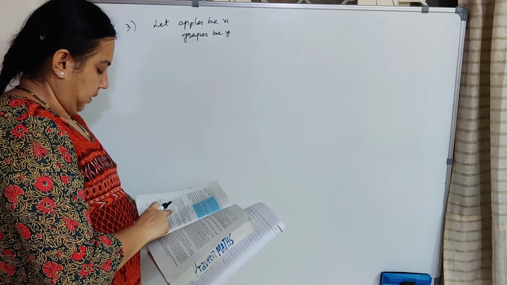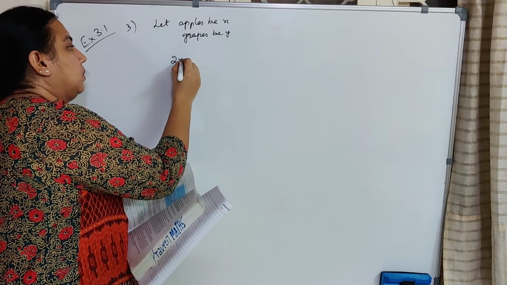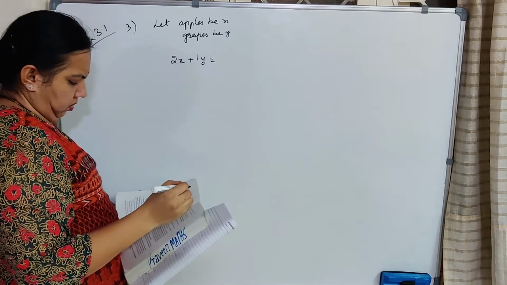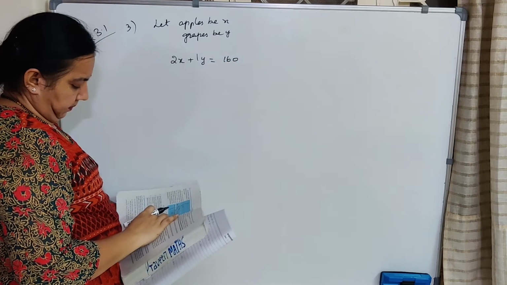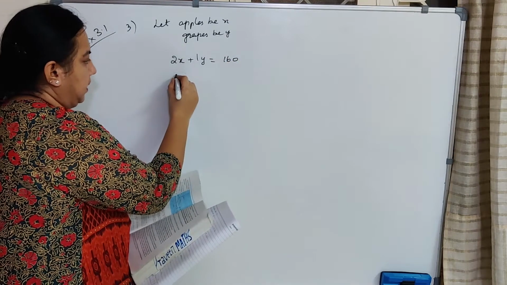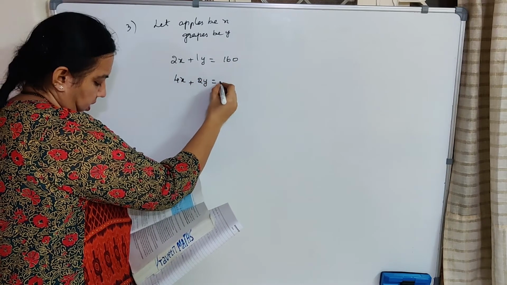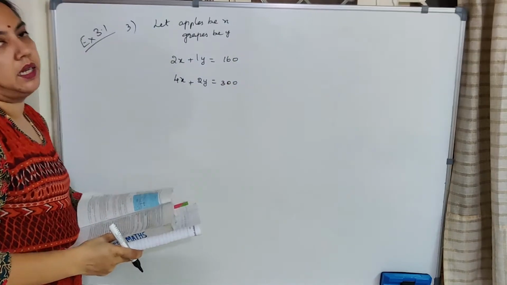And 2 kg of apple plus 1 kg of grapes, so 2x plus 1y, and that is equal to 160. And then 4 kgs of apple plus 2 kgs of grapes is equal to 300. Represent them algebraically and geometrically.